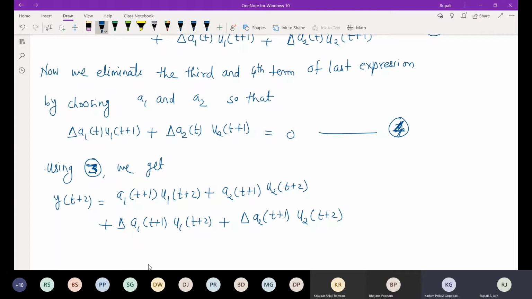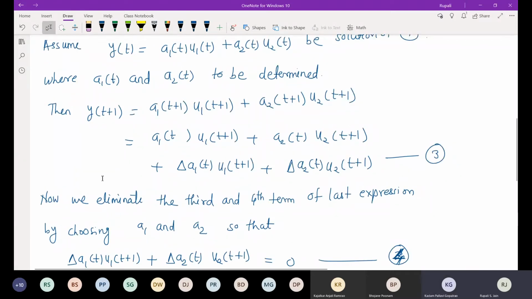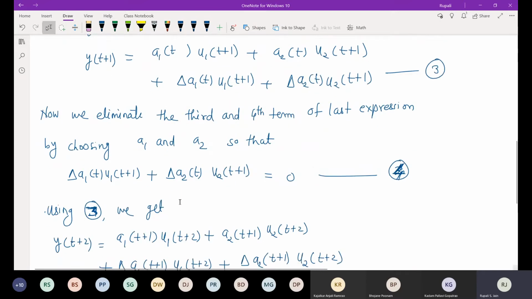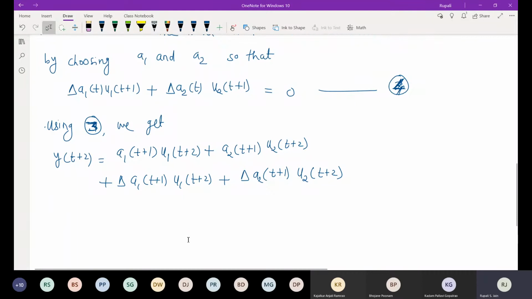I am writing it from 3 because third is my y at t plus 1. So I am just replacing t by t plus 1 in this third equation. We are getting y at t plus 2. So how can I write that one? Again, I can write that one with a2 t plus 2.